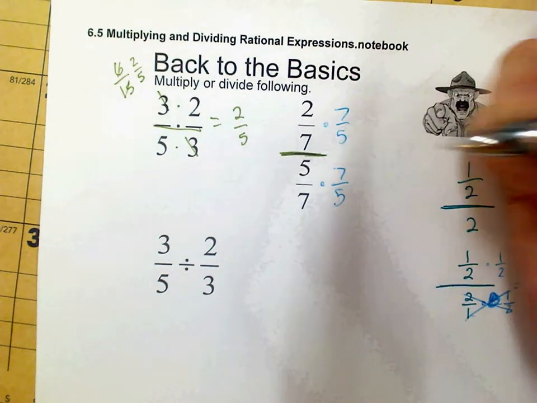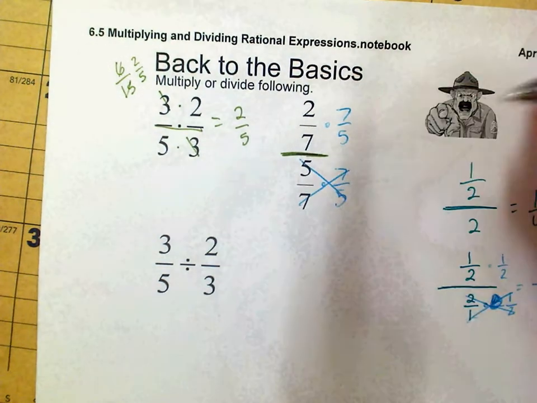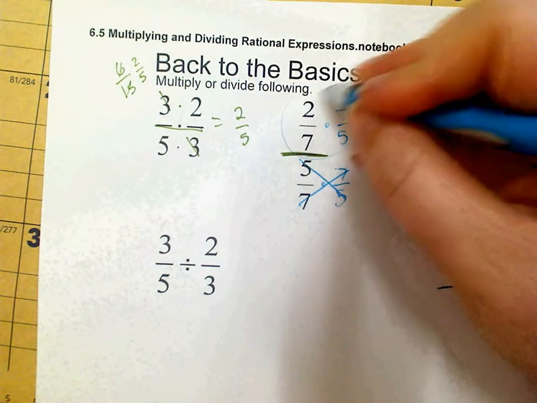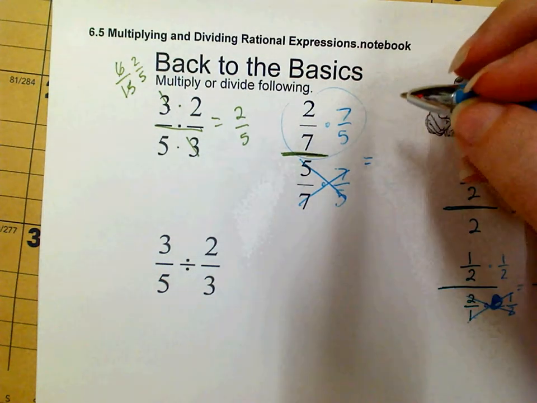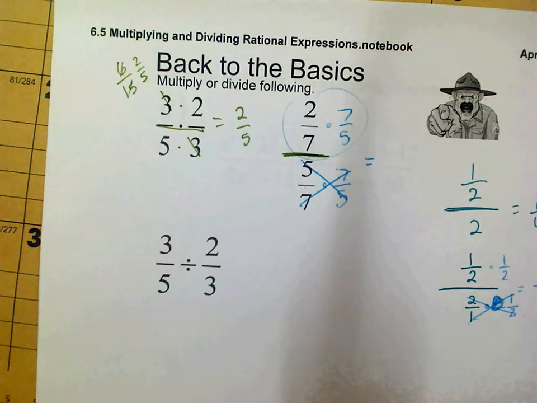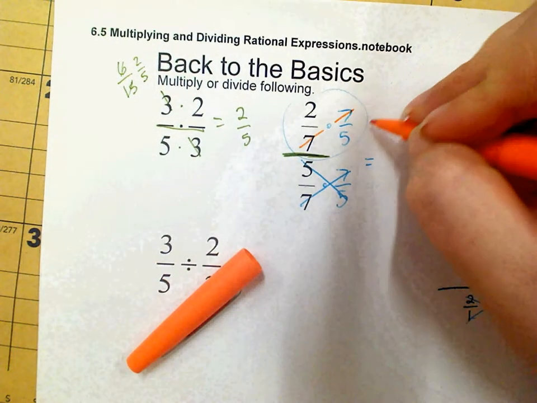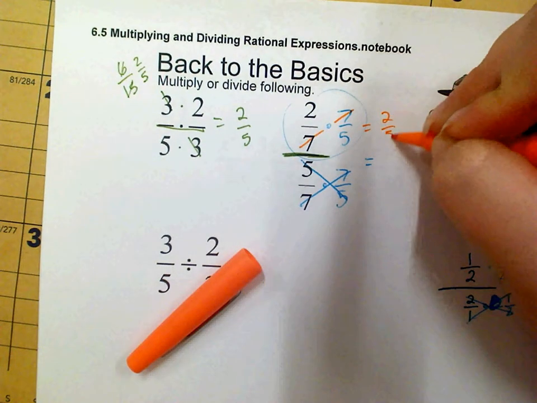The 7's cancel out because there's a 7 on top and a 7 on bottom, and I'm left with 2 over 5.